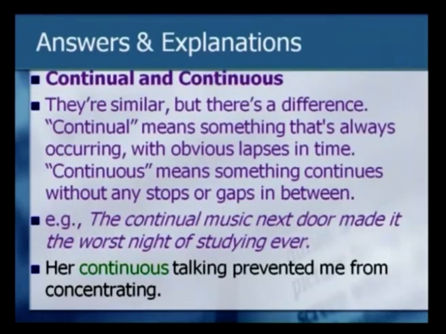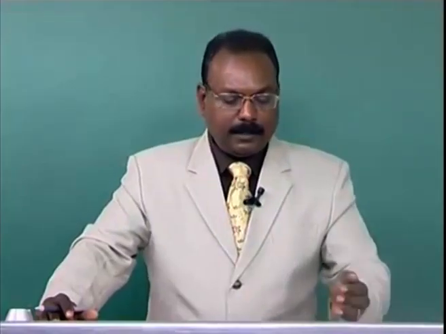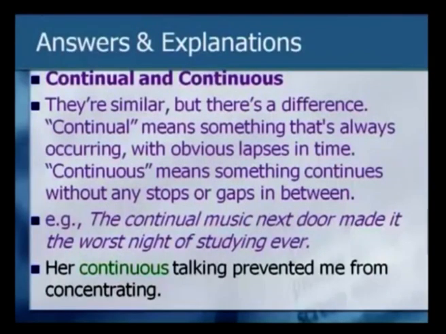Other examples, the continual music next door made it the worst night of studying ever. This means the music was always occurring. Of course, in between they stopped, but then it was constantly troubling the person who was focusing on studies. Now, in the example that we discussed, the correct form is her continuous talking prevented me from concentrating.